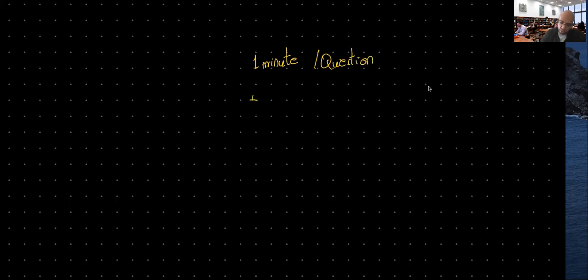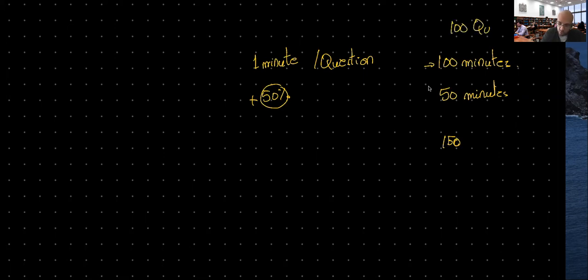I usually add 50% more time to the exam. So if the exam was 100 questions, I would give you 100 minutes plus 50% of this, an extra 50 minutes. So the total is going to be 150 minutes for an exam of 100 questions.